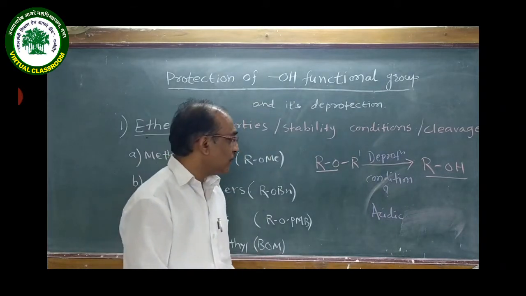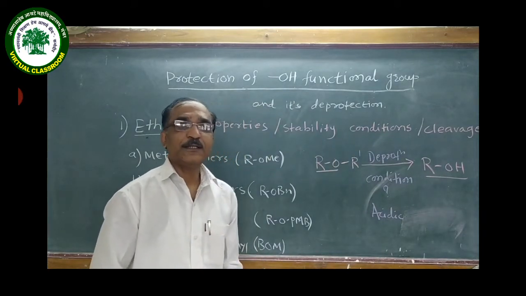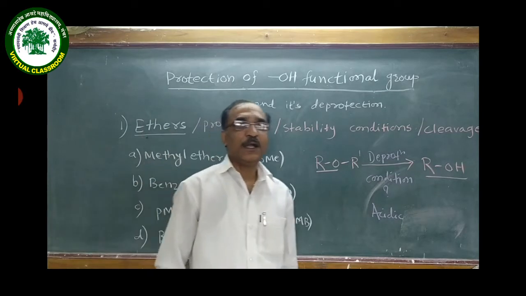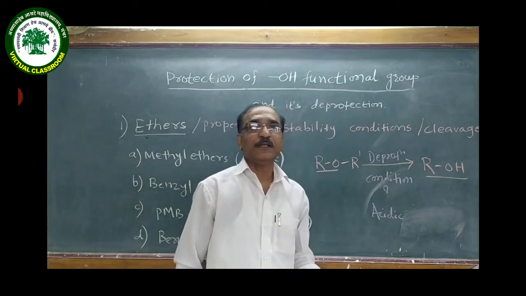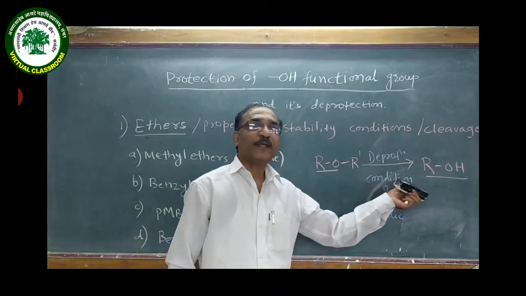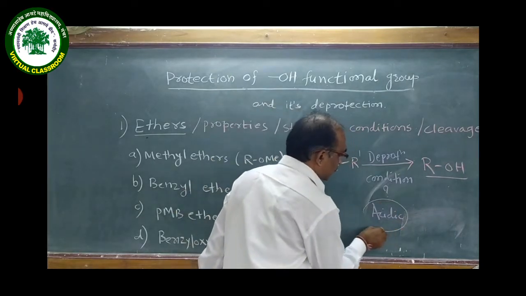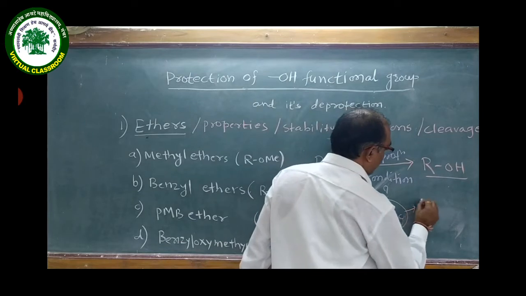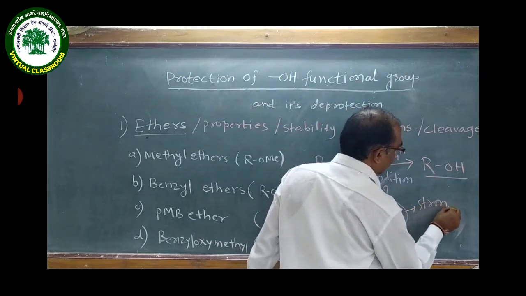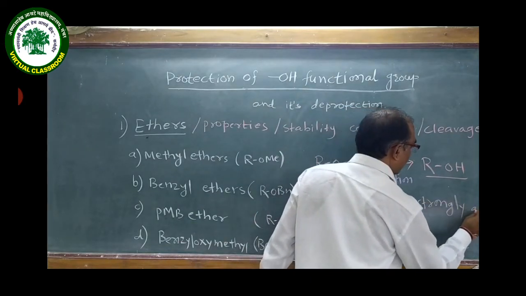What is that acidic condition? Just now I said that it is stable in acidic condition, and now it is saying that it can be deprotected in acidic condition. But this acidic condition should be strongly acidic.